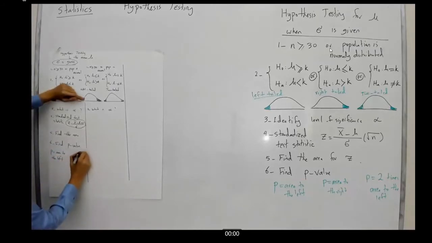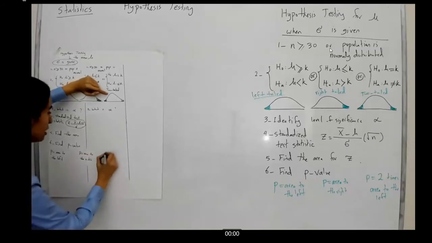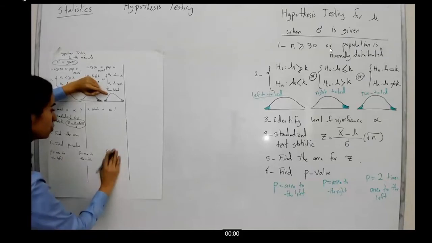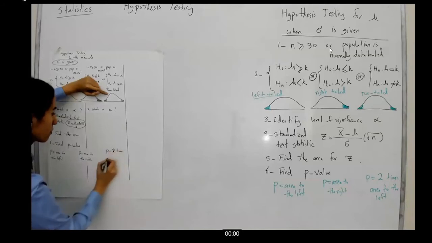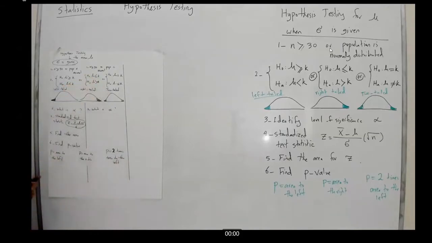For this one, the p-value is the area to the right. And for a two-tailed graph, P is 2 times the area to the left. Super important.